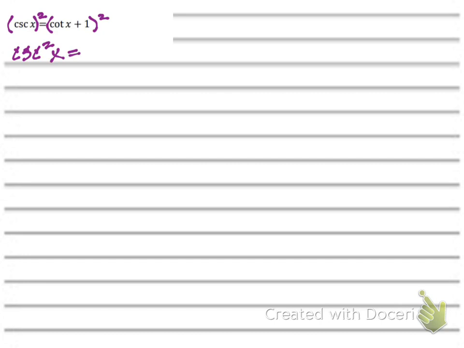And on the right-hand side, we have cotangent squared plus 2 cotangent plus 1. And again, that 2 in there is just from doing a squared plus 2ab plus b squared. Again, if you need to FOIL that out and write it all out, you certainly can.